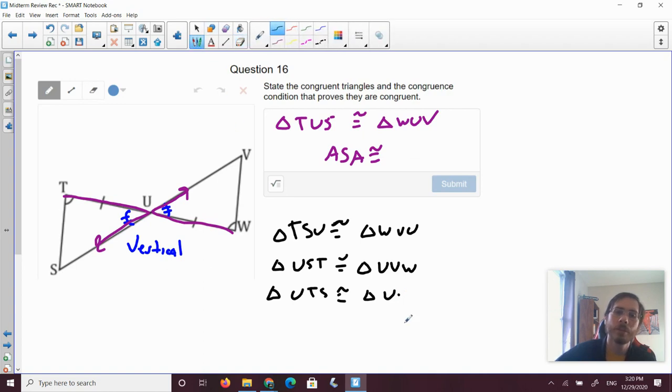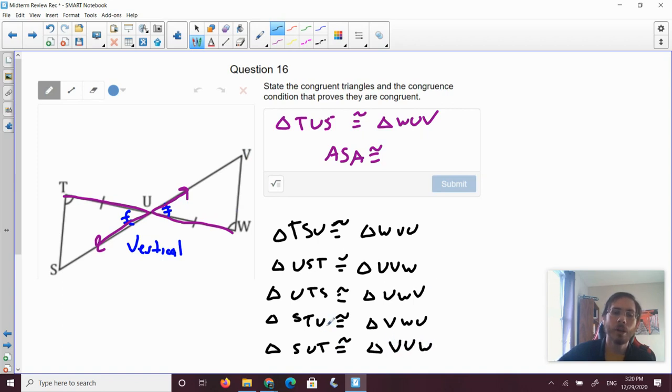Go in the opposite direction. Or if I wanted to start at S, if I go the same direction, STU, VWU, or if I wanted to go backwards from the arrows, SUT, and VUW.